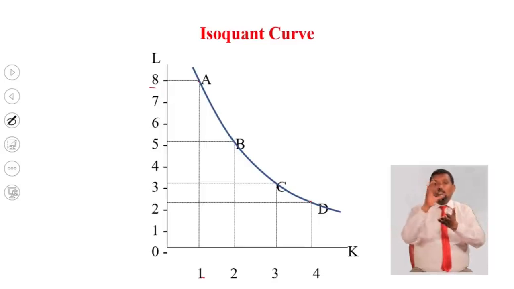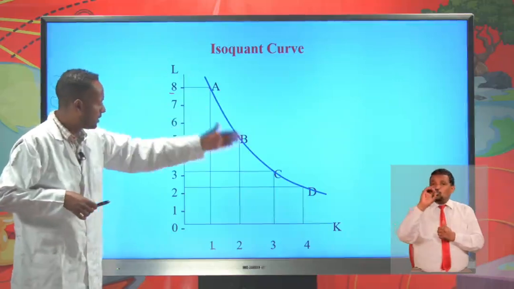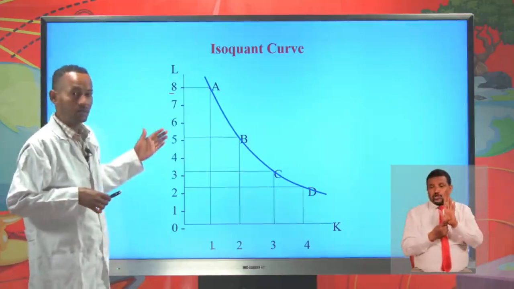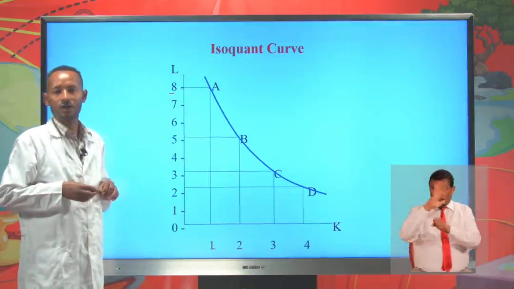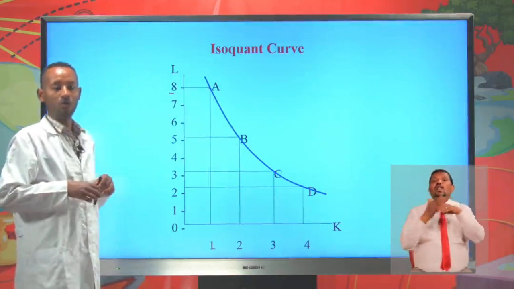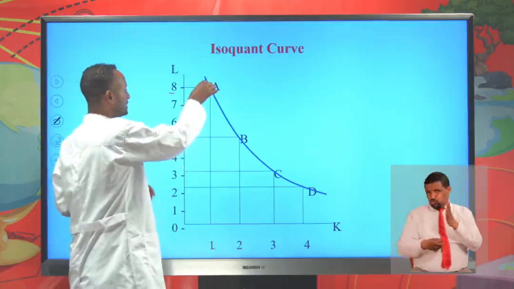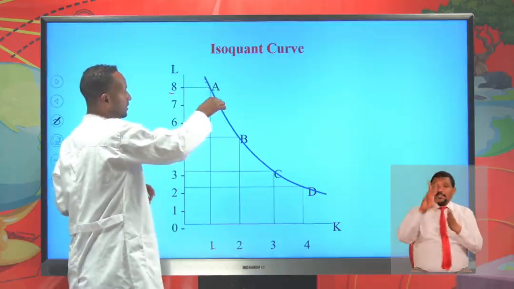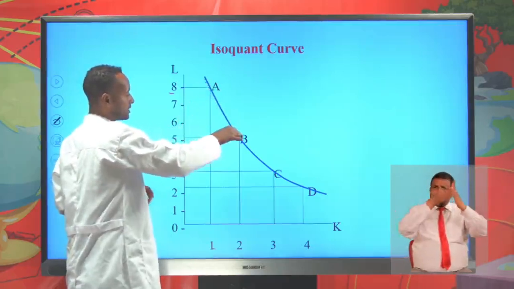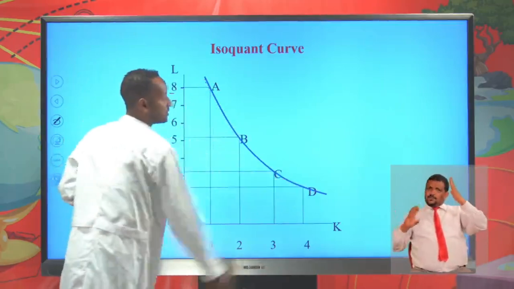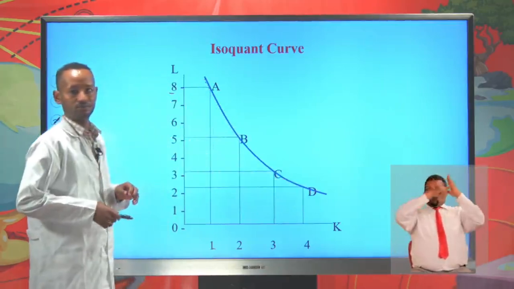So this isoquant curve shows the various combinations of the two variable inputs, labor and capital, that give the producer an equal level of output. Any point on the isoquant represents an equal level of output. If the output is 60 quintal at this point, it is 60 at this point, and again it is 60 at this point.